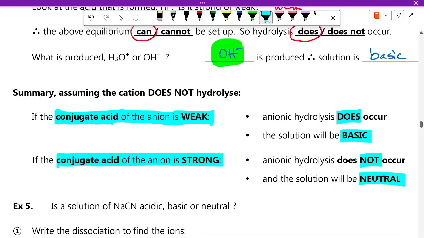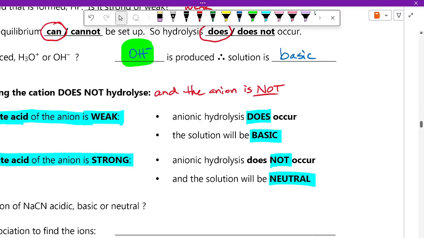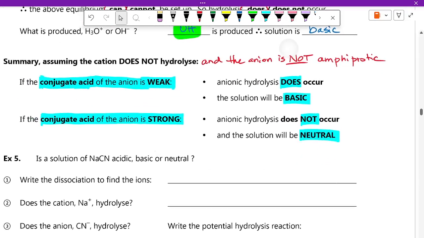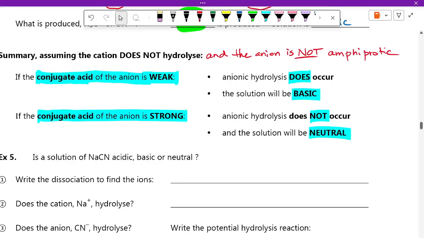And this is as long as the anion is not amphiprotic, okay? Assuming the cation does not hydrolyze and the anion is not amphiprotic, could you guys do example 5?